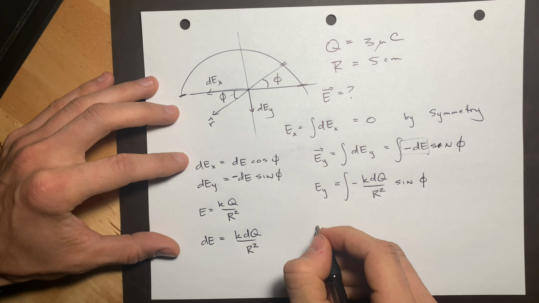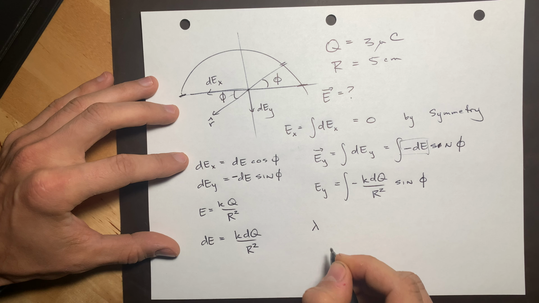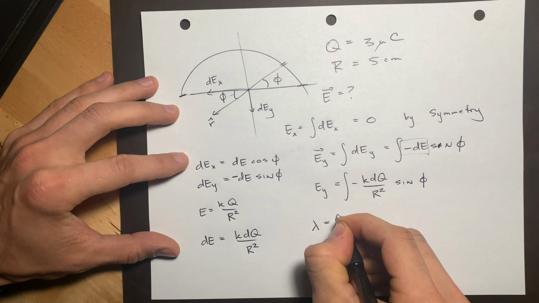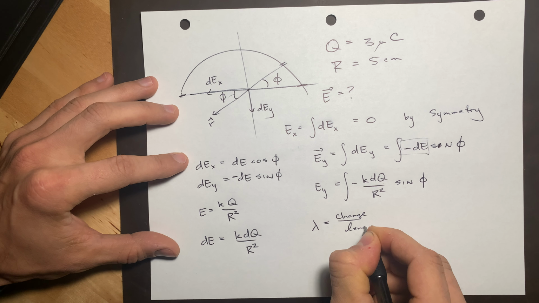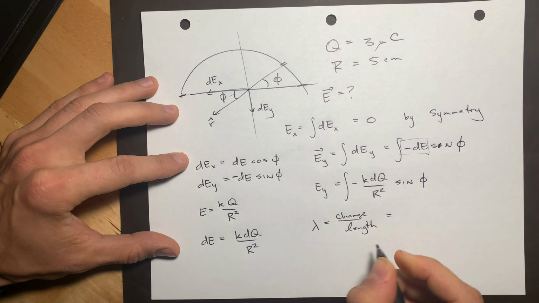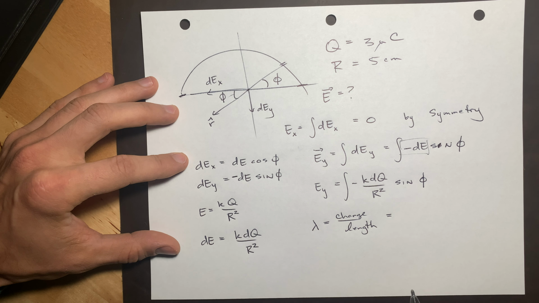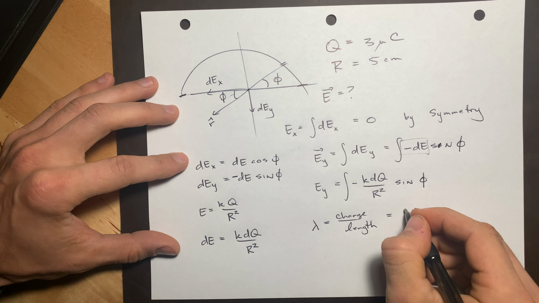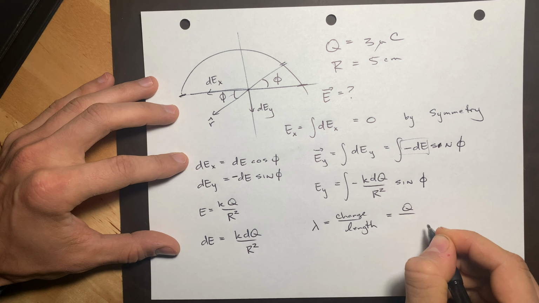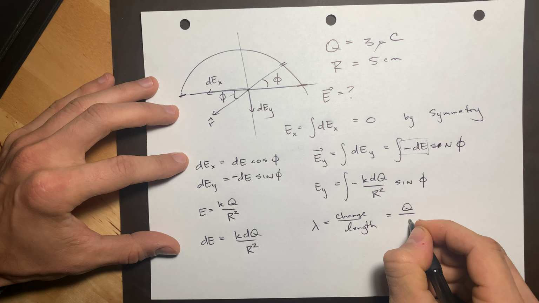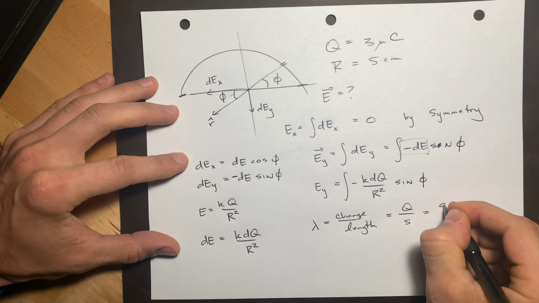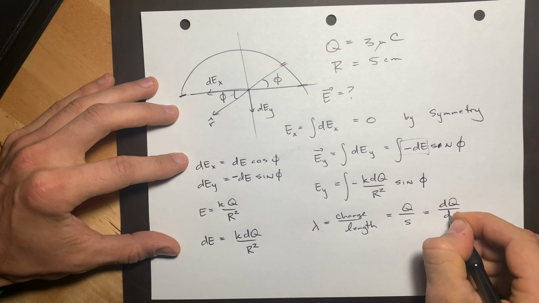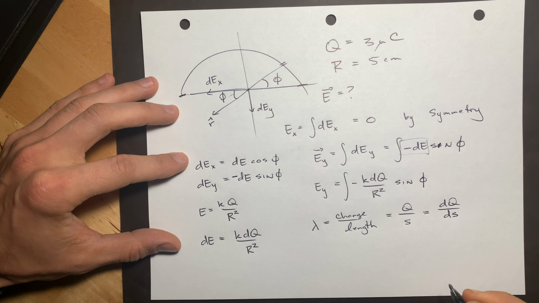And this is a little weird, but we use this letter lambda to be charge per length. This is linear charge density. So this would be q over arc length s. Let's make it dq over ds.